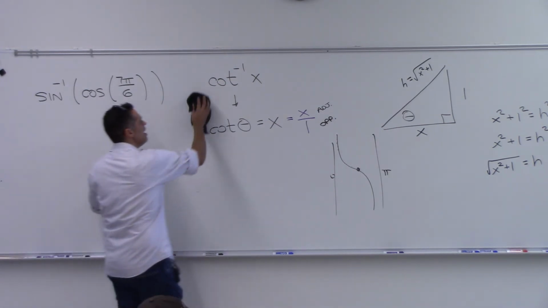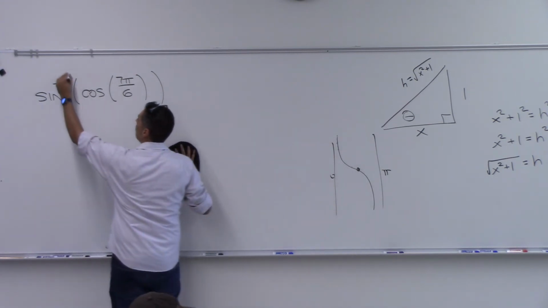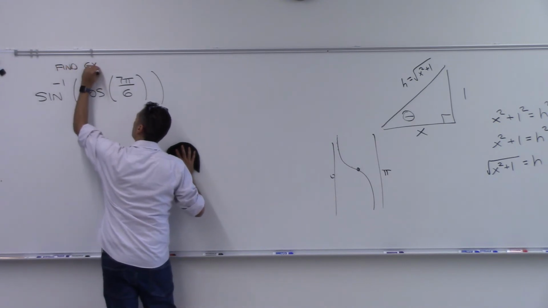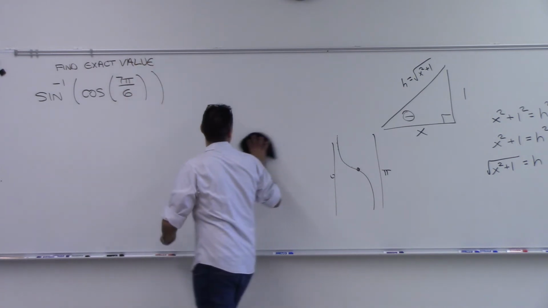Now this is, I'm not asking right here for you to give me the algebraic expression. What I'm doing here is saying find the exact value. No calculators, in other words.